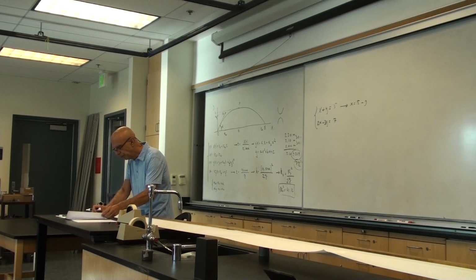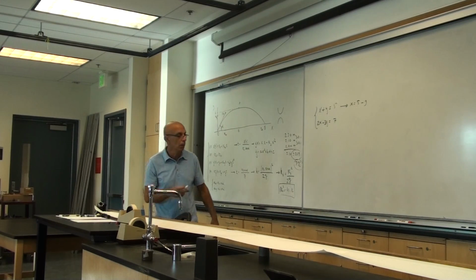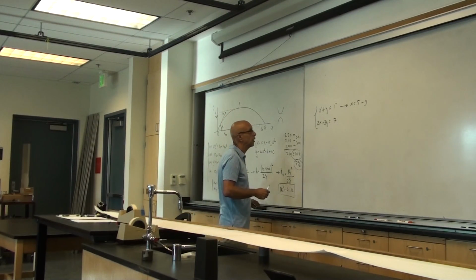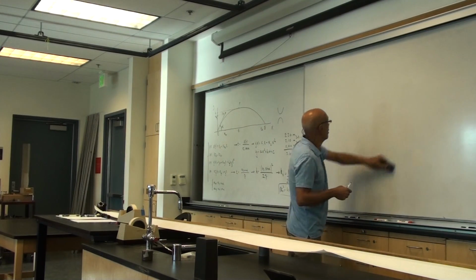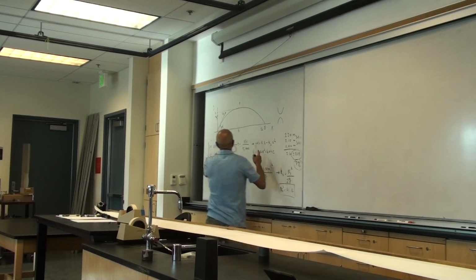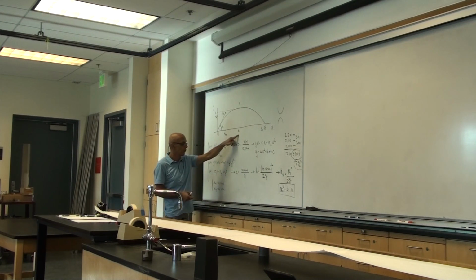Now, the next step is what I asked you at the end of last lecture, to calculate OS. And OS is this distance here. We have D1. D1 is this guy here, right?